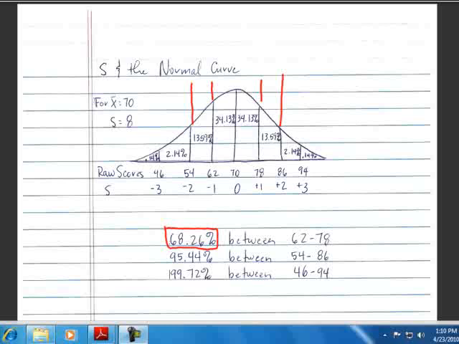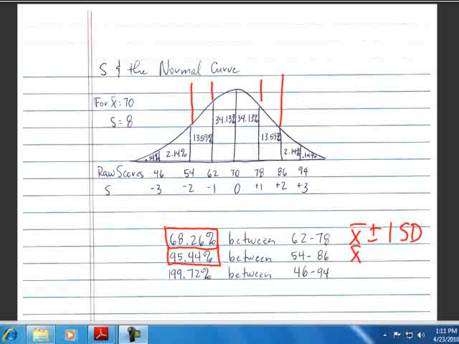So again, if we're talking about the normal distribution, something that is normally distributed, 95% or 95.44% of the scores will be between the mean and 2 standard deviations above and below the mean. So this would be x bar plus or minus 1 standard deviation.